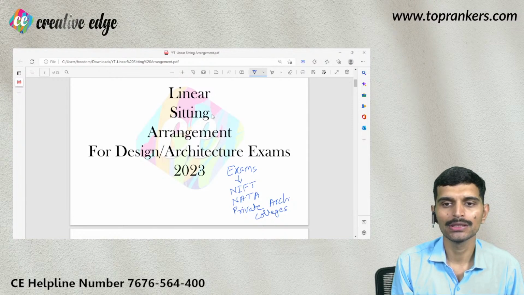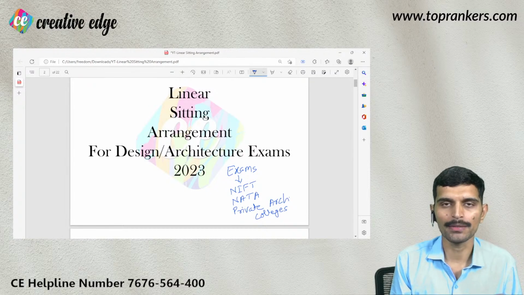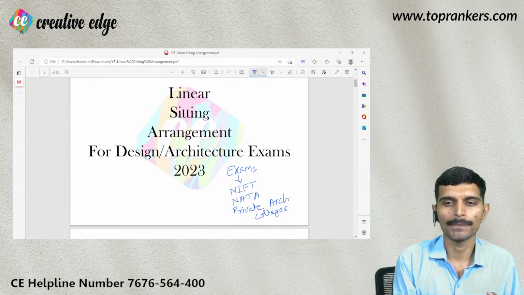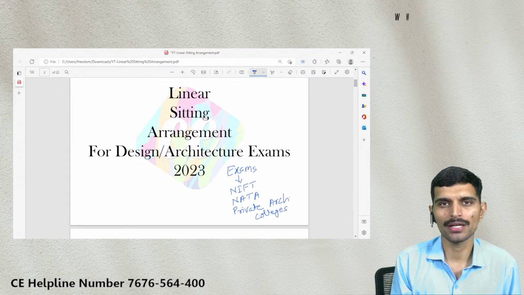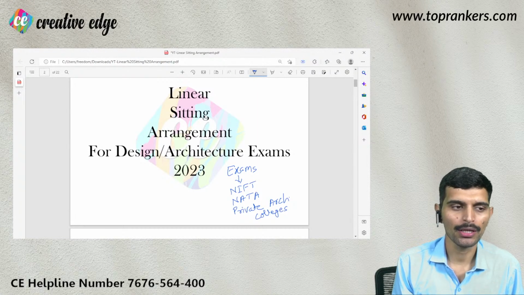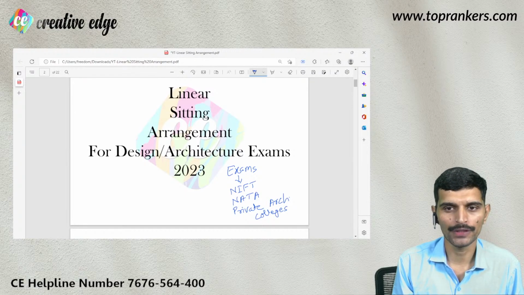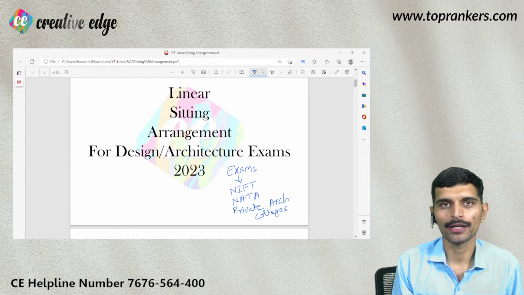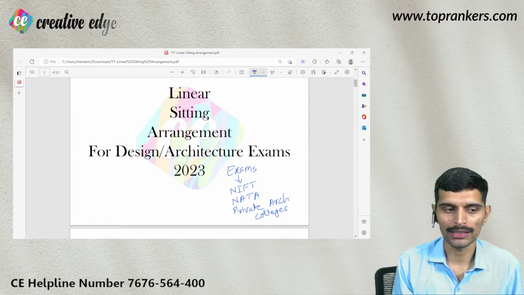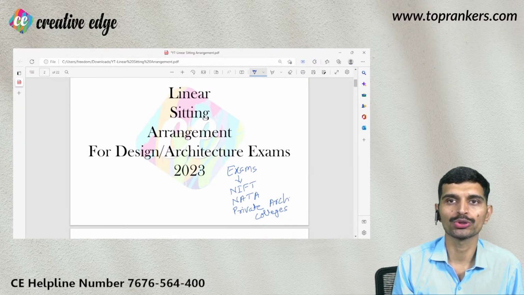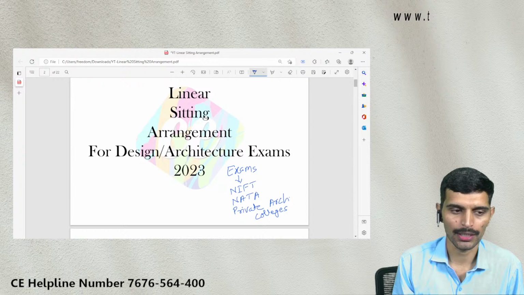Other than this, sequencing related to placing people in a linear manner. So there are many different combinations. Today we are going to cover a few of them so that you have an idea what type of questions are asked in linear seating arrangement and how we should approach these questions, right?